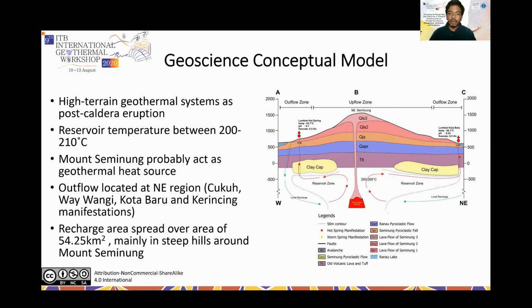The outflow is located in the northeast region. It is the Cukuh, Waiwangi, Kota Batu, and Kerincing manifestations, which are the richest area spread over an area of 54.25 square kilometers, mainly in steppe hills around Mount Minung.